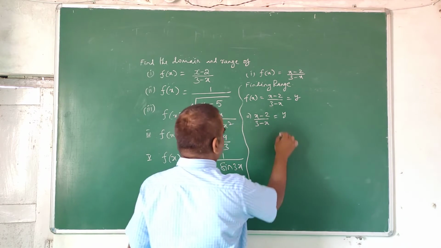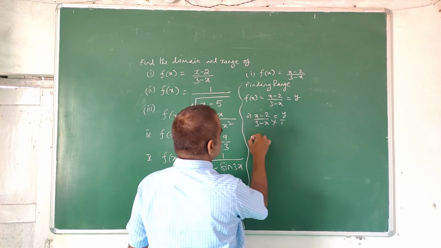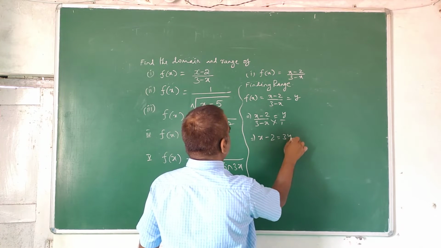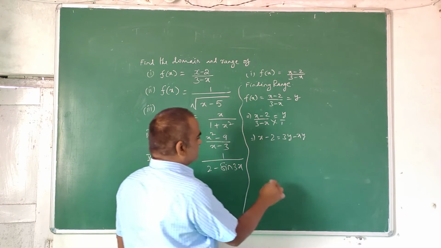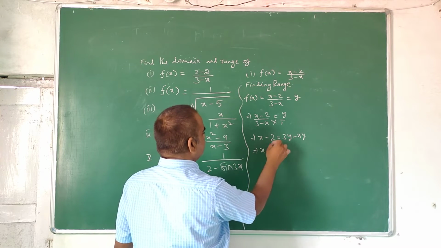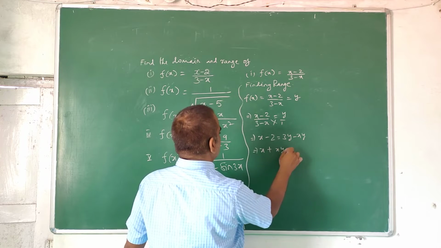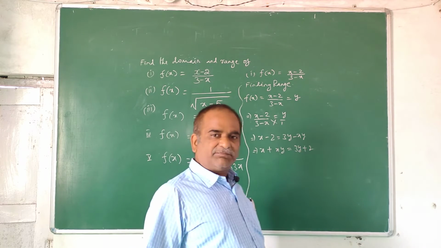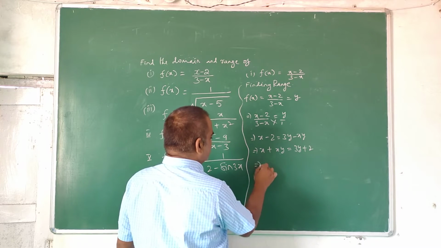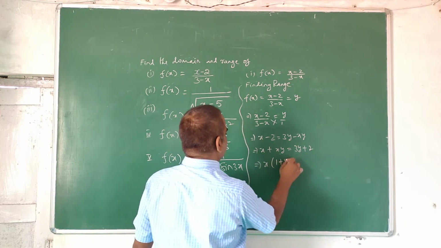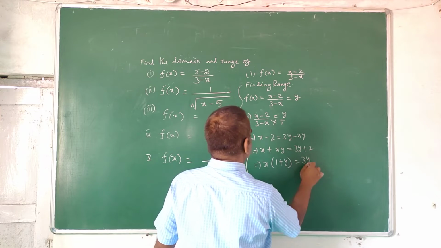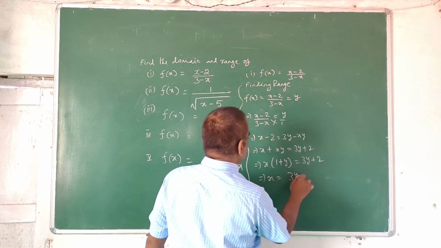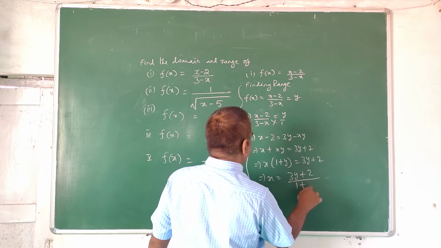Now taking cross multiplication, this implies x minus 2 is equal to 3y minus xy. Now this implies x plus xy equal to 3y plus 2 by transposition. So if you take x common, x times 1 plus y equal to 3y plus 2, which implies x is equal to 3y plus 2 by 1 plus y.